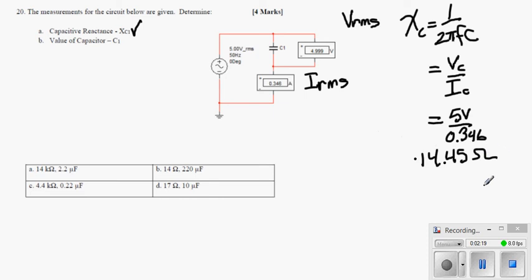And the unit for V over I is ohms. So that gives us one answer directly, 14 ohms.